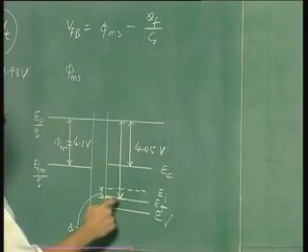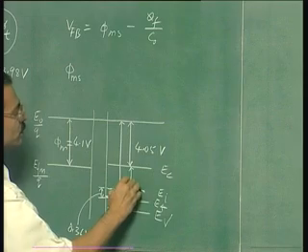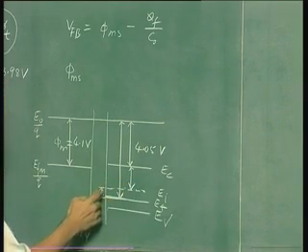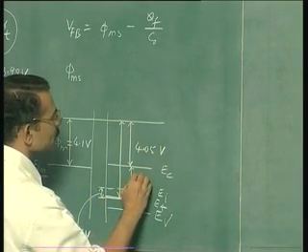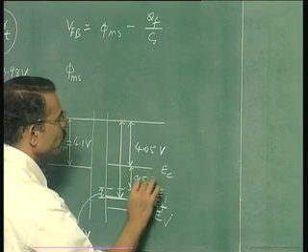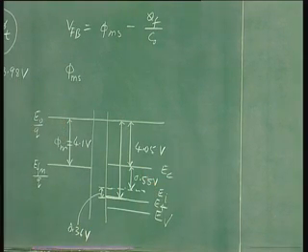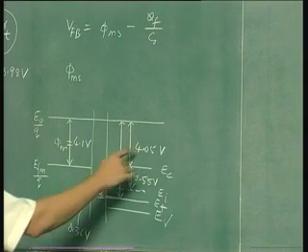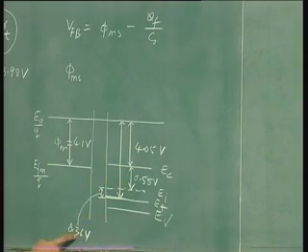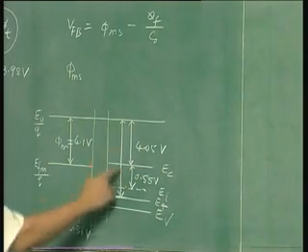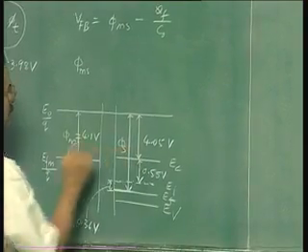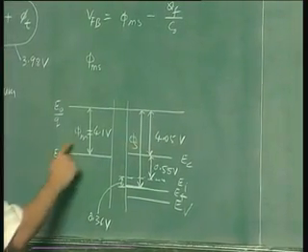To get this quantity, we need this value, because we know this value. Now this value is 0.55 volts, because it is half of the energy gap of silicon. So now we can put this value and this value together to get this phi s, and then we can get phi ms.